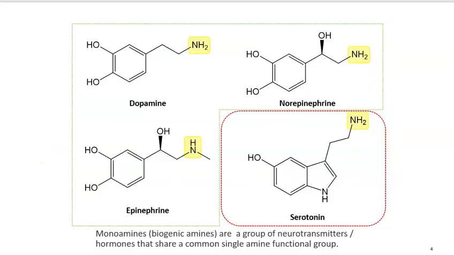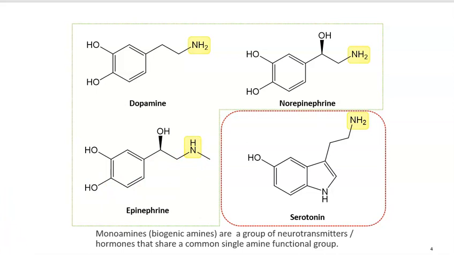So here are the structures of these monoamines. They are neurotransmitters and hormones that share a common single amine functional group. So you can see that.